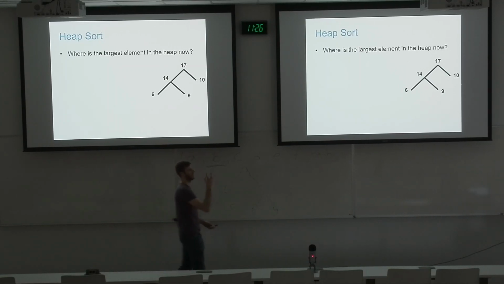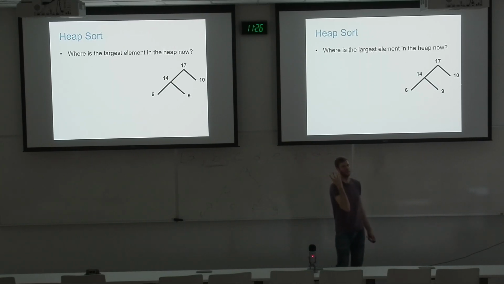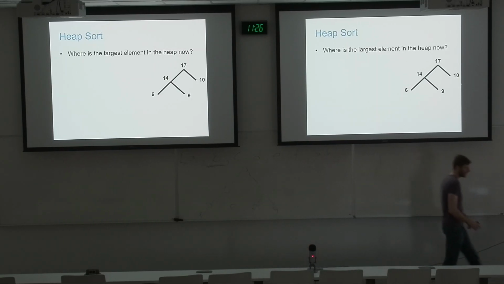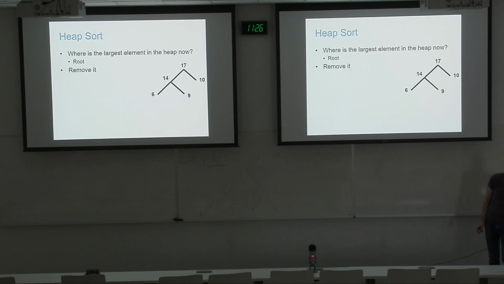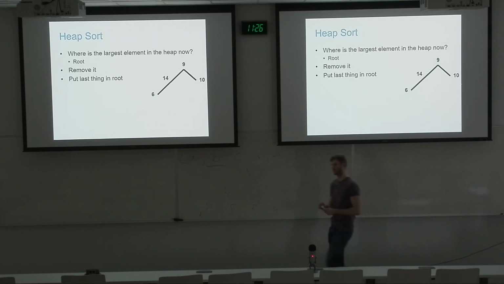But I have 17, and 17 is the biggest element, so I can remove it. And now I know I've got the biggest thing. And after I remove it, I put the last thing into the root. That's the rule.